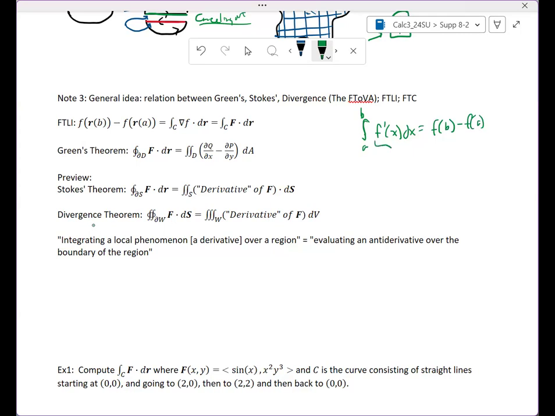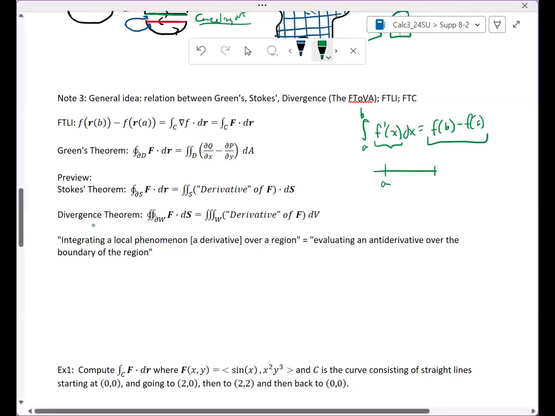So if I add up a bunch of local property, the derivative is a local property, right? We have the derivative function at a point. If I have a whole bunch of local property that I kind of integrate over, that I kind of add up or accumulate together, I end up with just an evaluation at the boundary of an interval, which is just the endpoints.